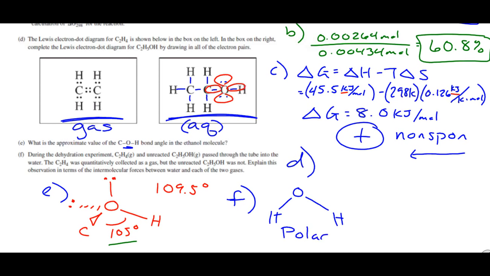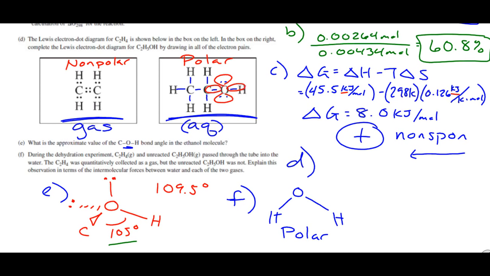So those that are staying in solution are more polar than compounds that are not polar. So when you look at these two shapes, this is very nonpolar. It's very symmetrical. Whereas the other compound is not. It is very polar.